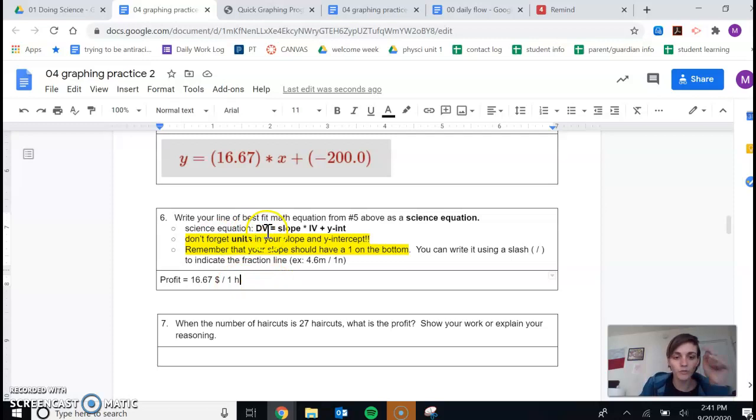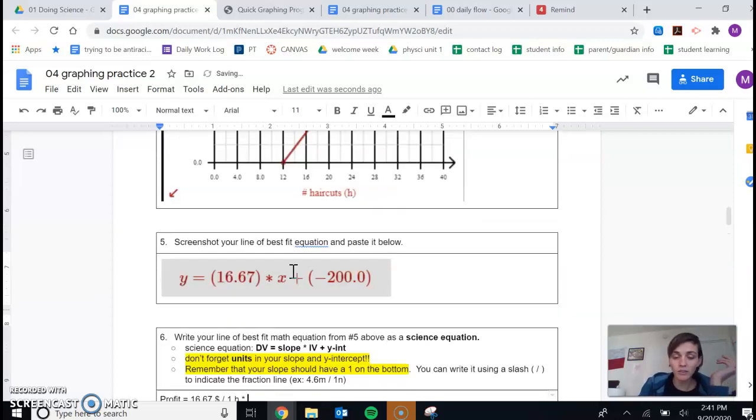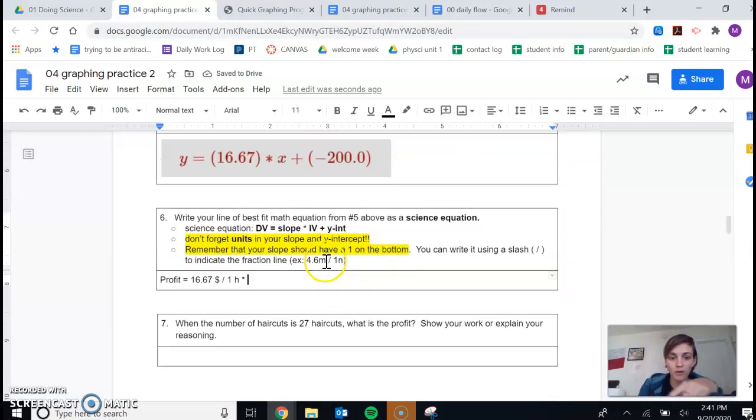Okay? So I've got my DV equals slope times. Now I need my IV, which is down here on the bottom of my graph, number of haircuts. Okay? And then the last thing is plus my y-intercept. My y-intercept is here. This last number in my math equation, negative 200. The biggest mistake I saw on the last worksheet is folks forgot their units for y-intercept.